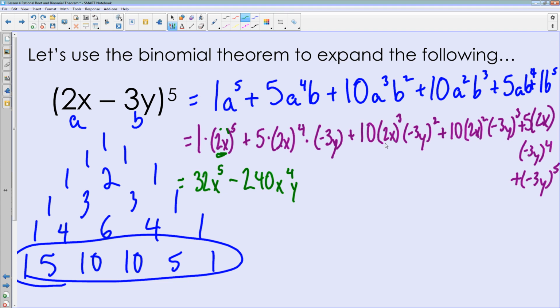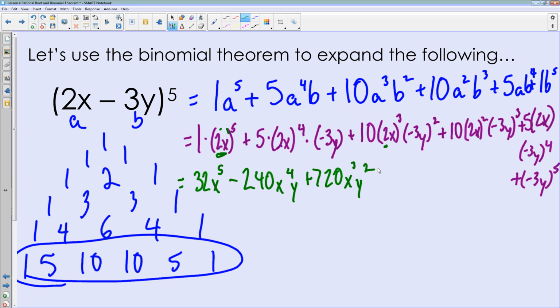All right, so for the next one, we've got 2 cubed, that's 8. We've got negative 3 squared, that's 9. 9 times 8 is 72, and 72 times 10 is 720. So plus 720, and it's going to be x cubed and y squared.